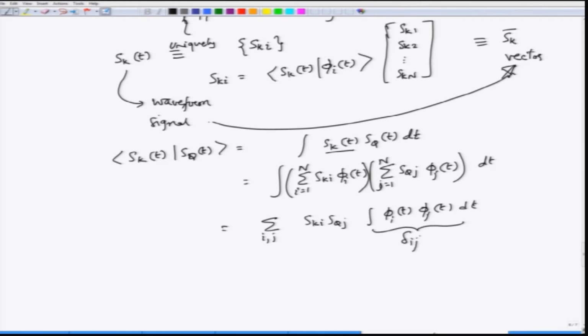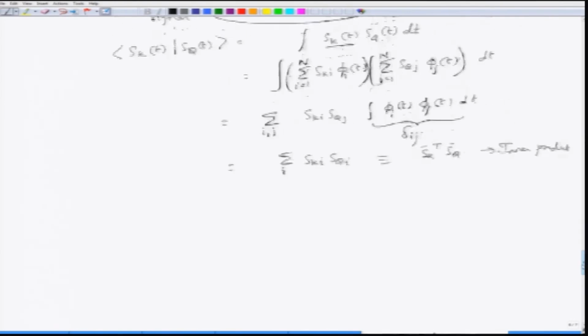That is, it is equal to 1 when i equals j and 0 otherwise, allowing you to collapse this double sum into a single sum, and you get the sum of Ski Sqi. This is nothing but taking the vector Sk, transposing it, and multiplying it by the Sq vector, or component by component multiplication. This is the inner product.